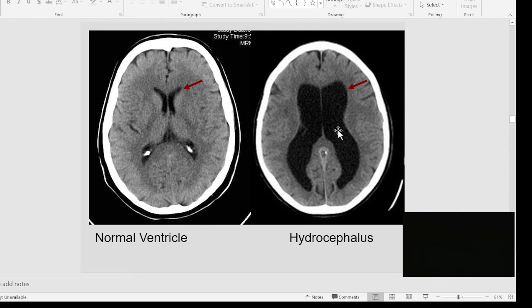So we cannot yet determine if it is non-communicating or communicating. Usually we can only determine it if we view it laterally and we can find an obstruction in the cerebral aqueduct. That's the time that you can say that it is a communicating or non-communicating type of hydrocephalus.